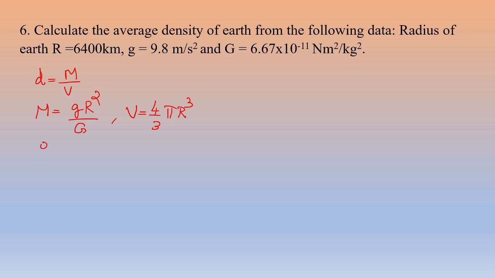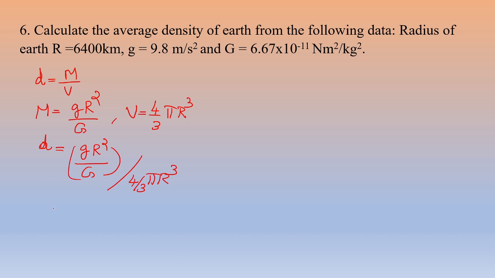So density D is equal to small g R square divided by capital G, divided by 4 by 3 pi R cube.